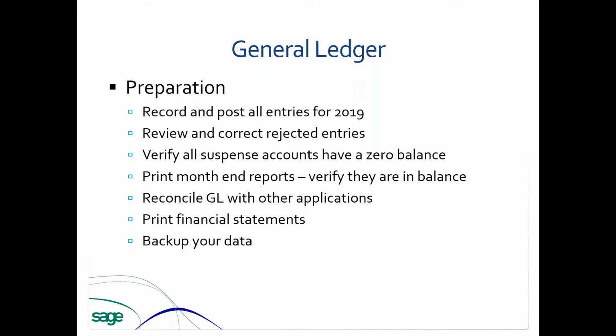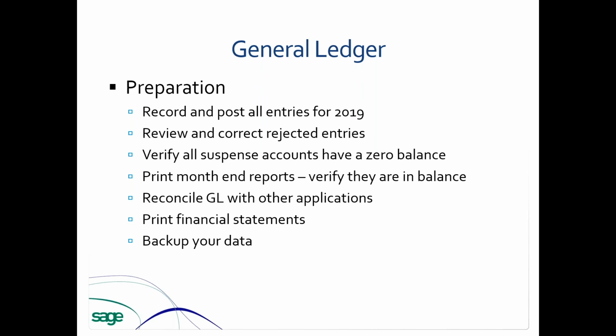Then make sure, you should be doing this on a monthly basis anyway, but review your new file, the new.glt file, and make sure that everything that is in that new file that needs to be posted is posted. We can fix or make journal entries to get stuff in that needs to be in, but we need to make sure that there isn't anything left in that new file that we need.